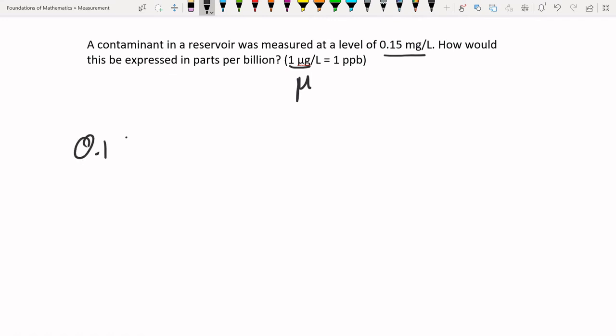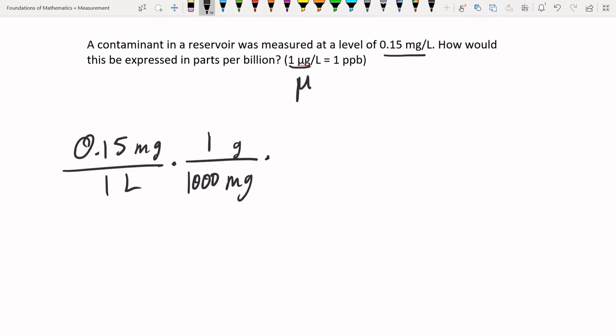So 0.15 milligrams per 1 liter. A microgram. If you're not sure, you can convert back to the baseline measurement, which would be just gram. So gram, milligram. In 1 gram, there's 1,000 milligrams.